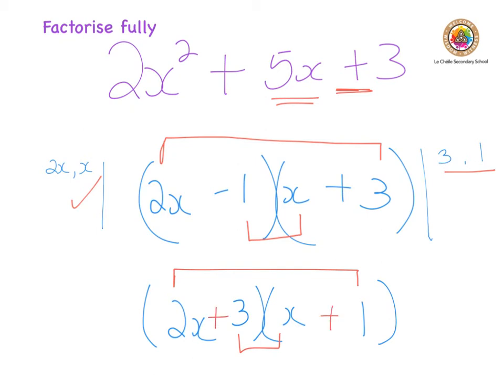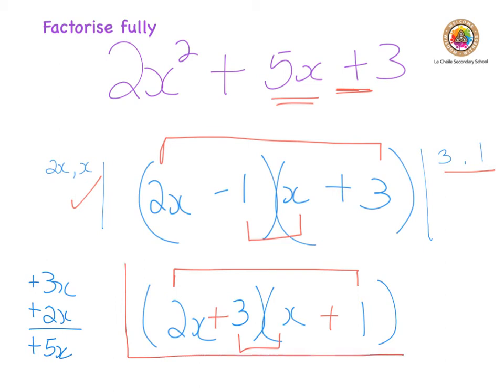And when I check these, 3 by x gives me 3x. And here 2x by 1 gives me 2x, and they're both plus. I add them together and I get plus 5x, which is what we're asked to achieve. So I know that this one down here is actually my 2 factors, and this one can't be because of that minus sign. Okay, we'll do another example now.